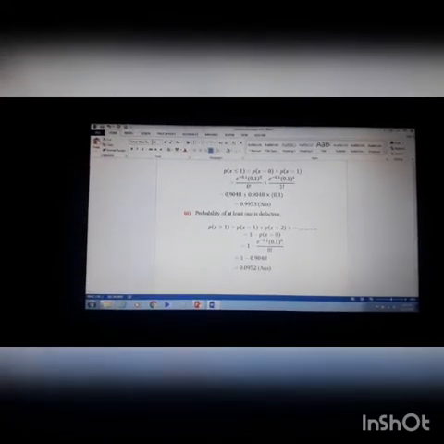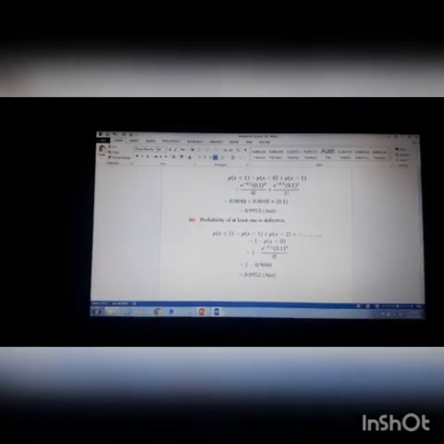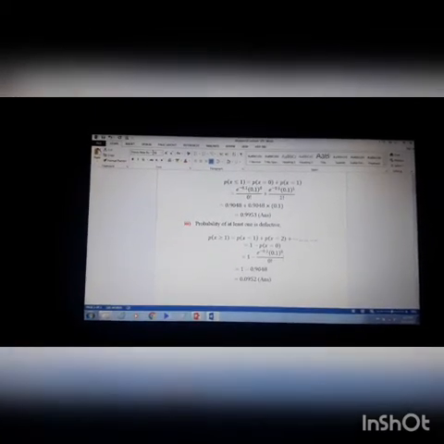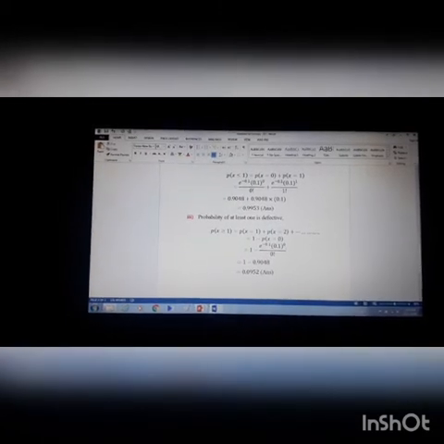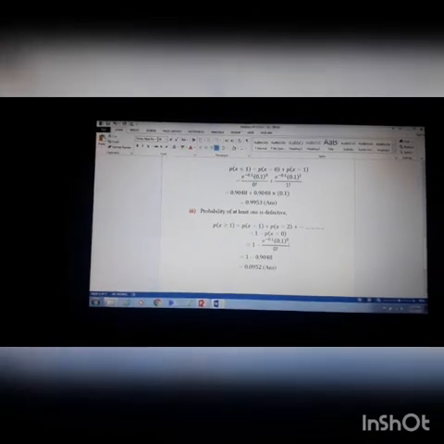Here the maximum value is 100. So probability of x greater or equal to 1 means at least 1 is defective, or more than 1. If we expand it, we can write probability of x equal to 1 plus probability of x equal to 2 plus probability of x equal to 3 plus probability of x equal to 4 and so on.